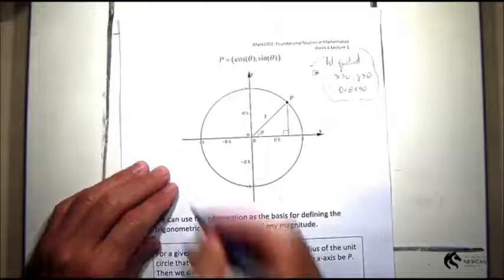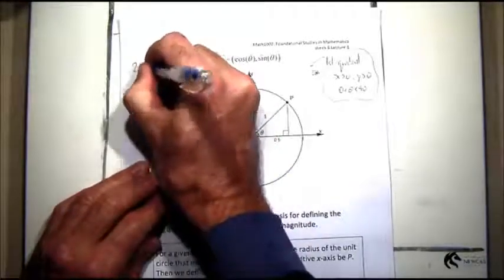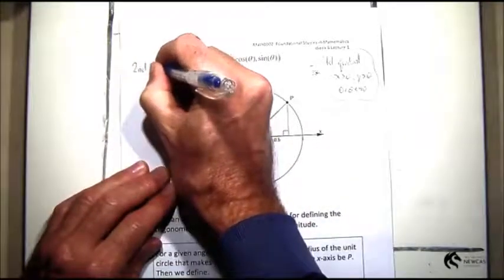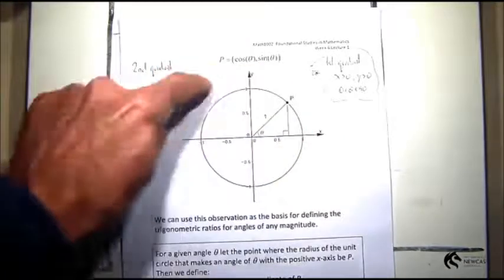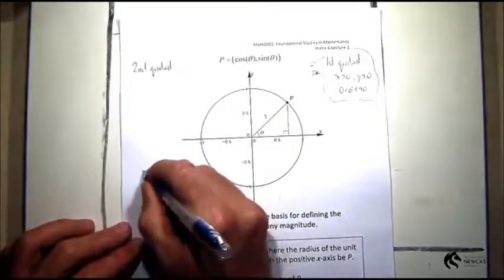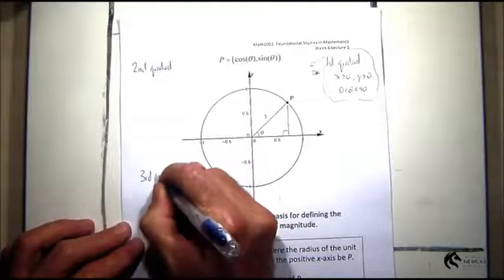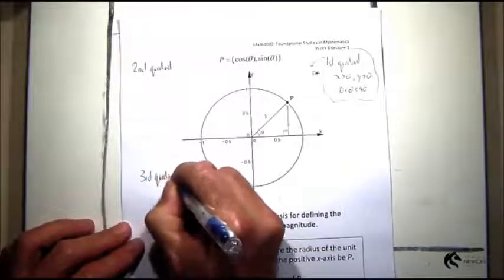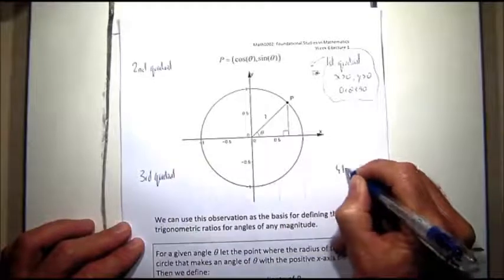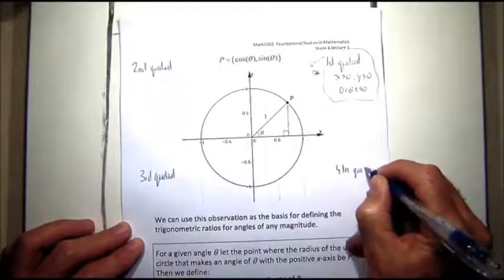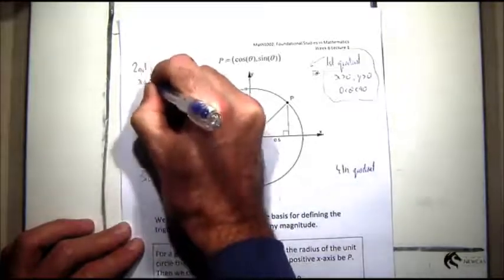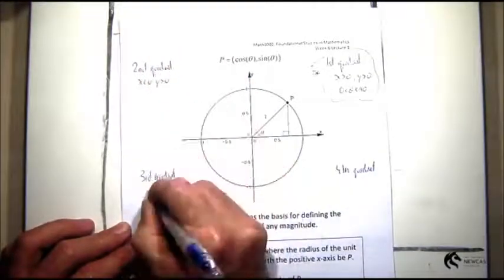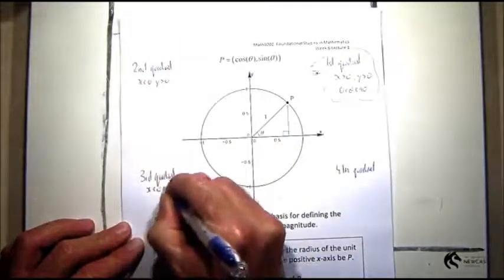So let's do the other quadrants while we're at it. By convention, we agree to go around counterclockwise. So first quadrant, second quadrant, third quadrant, and fourth quadrant. The second has a negative x, positive y. Third quadrant has a negative x and a negative y.